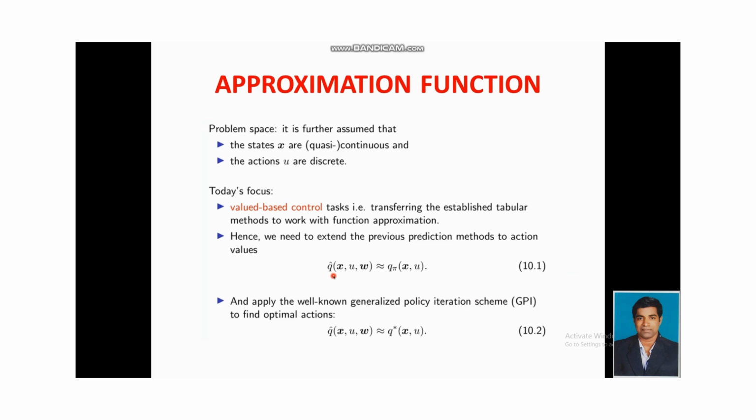Hence, we need to extend the previous prediction methods to action values. Q of x, u, w, where x is the state, u is the action, and w is the weight, is approximately q pi of x, u. Then apply the well-known generalized policy iteration scheme to find the optimal actions: Q of x, u, w is approximately q star of x, u.